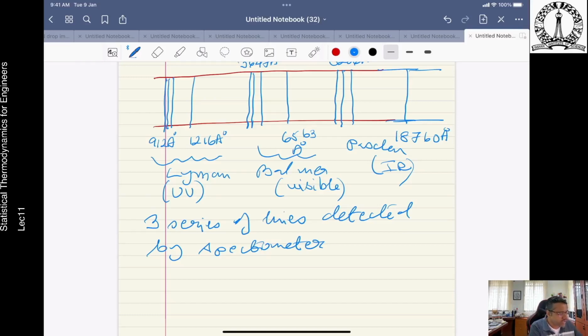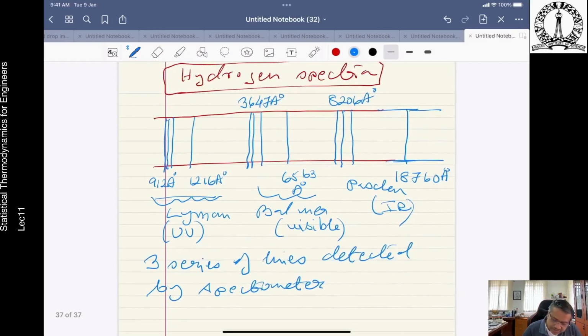So there is a dense form of the lines, and then there is this characteristic reduction in line spacing. The upper and lower limits of each spectral family are between this and this. Paschen starts from about 8206, and Balmer is from 3647 to 6563, and so forth.